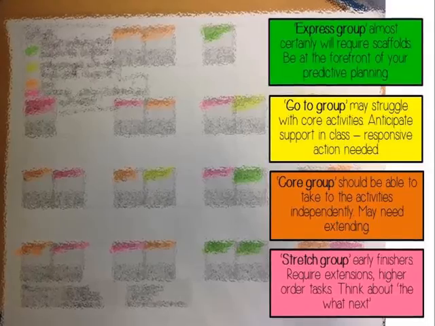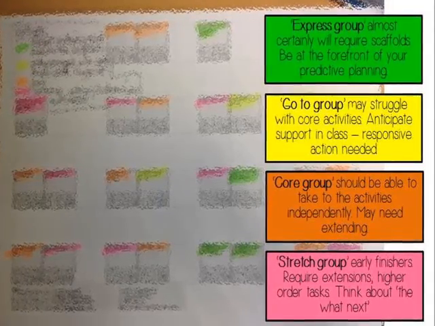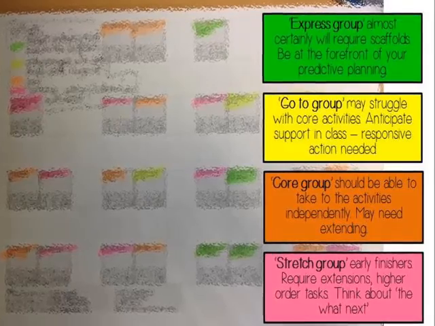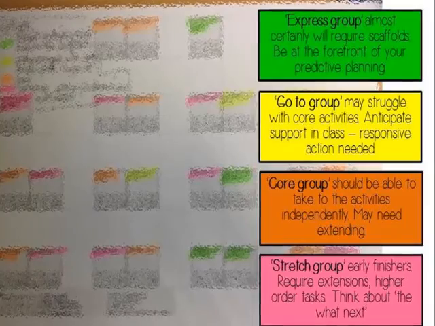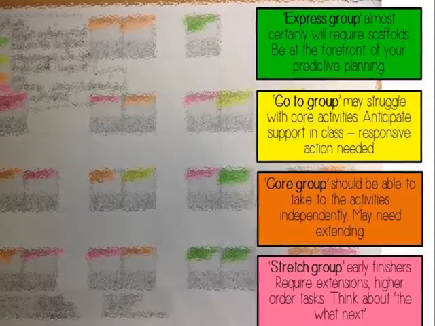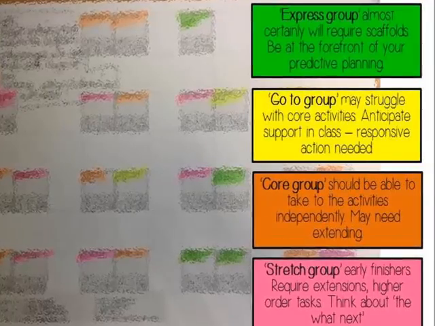Considering the positioning of support staff is also crucial here. How can their support be maximised and where can they aid most students with their progression? The consideration of seating plans and classroom layout not only allows for differentiation to take place, but often enhances some of the other methods discussed in this video.